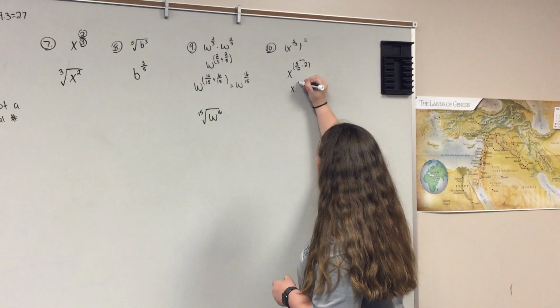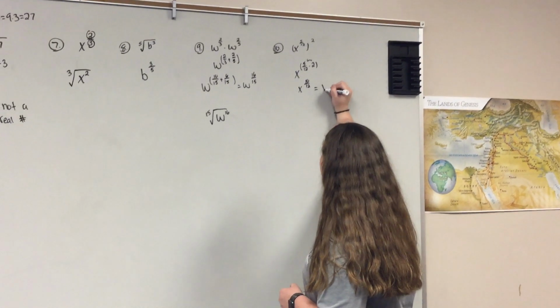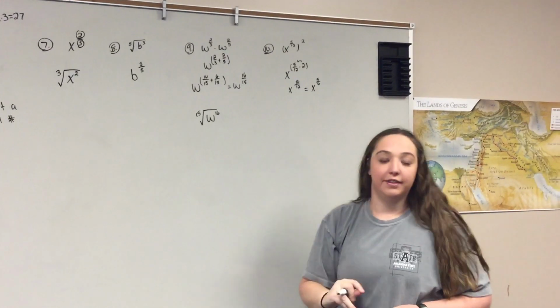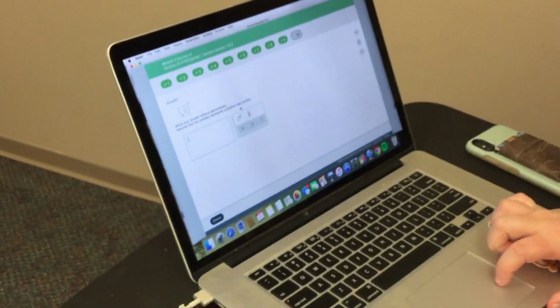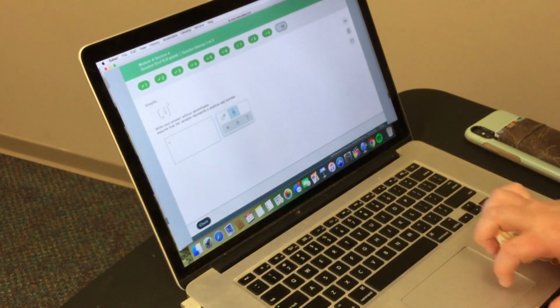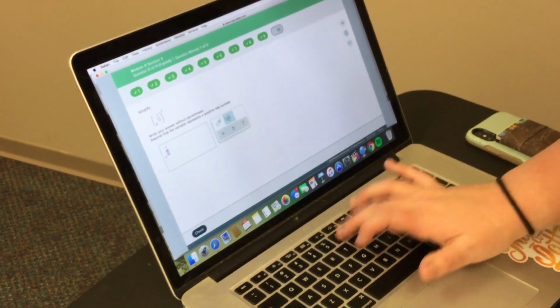So we have x, 5 times 2 is 10, and that's going to be over 12. But that can be simplified to x to the 5/6. And it does not ask us to put these in radical formation. So that's going to be x to the 5/6.